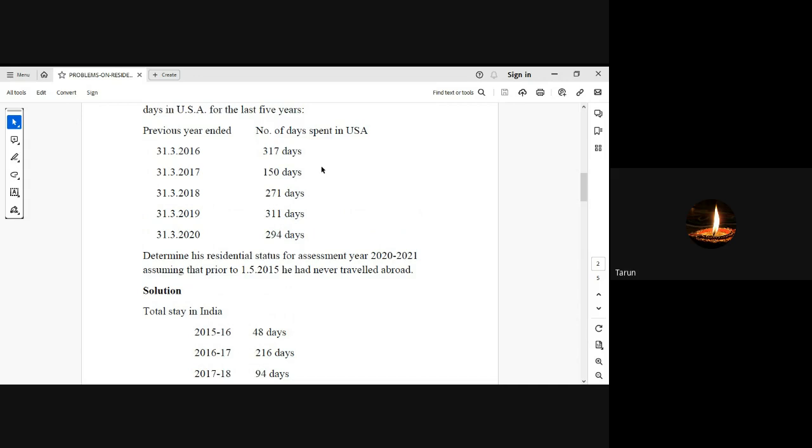In one year there are 365 days, right? He spent 317 abroad, so the balance days he has stayed in India. That is 48 days after deducting 317 from 365.